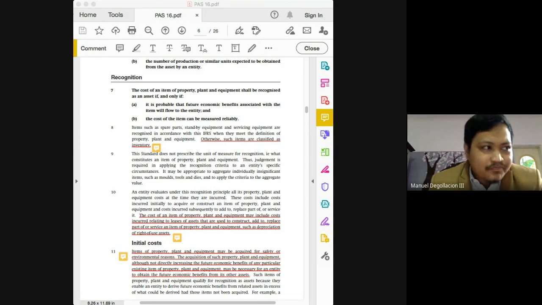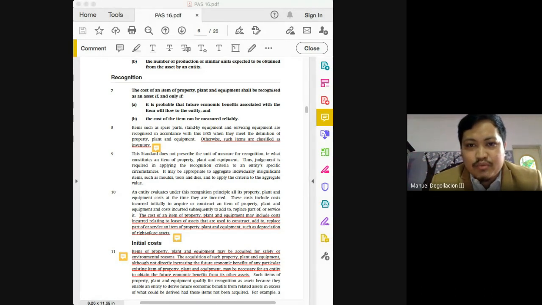So you will be asked what will form part of the cost of an asset. Basically, you are being asked which of these costs are considered capitalizable. Capitalizable costs, again, are those costs that are capitalized or included in the cost of an asset. When you recognize an asset, class, there has to be a valuation involved. What costs will be recognized as part of the value of the asset?